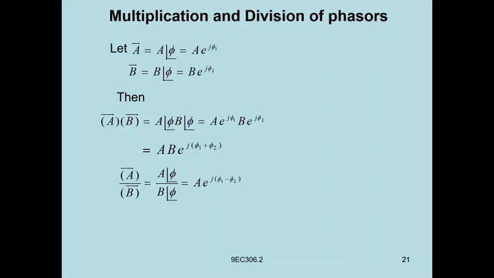So this can be represented as A by B e to the power of j(phi 1 minus phi 2). So in this way we can multiply or divide the phasors.